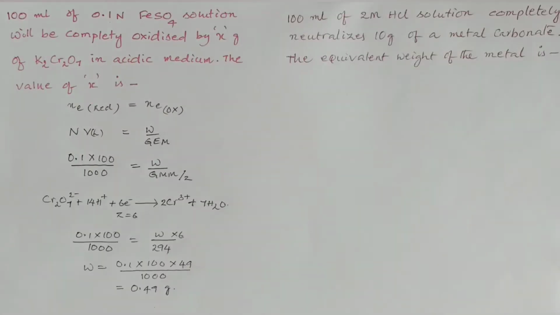Next problem. 100 milliliters of 2 molar HCl solution completely neutralizes 10 grams of a metal carbonate. The equivalent weight of metal is? So if you observe this problem, acid is neutralizing a metal carbonate. So we know the neutralization principle, that is the number of equivalents of acid is equal to the number of equivalents of base.